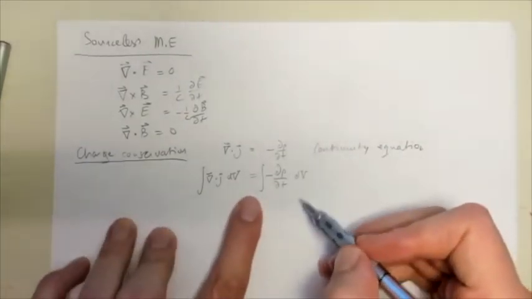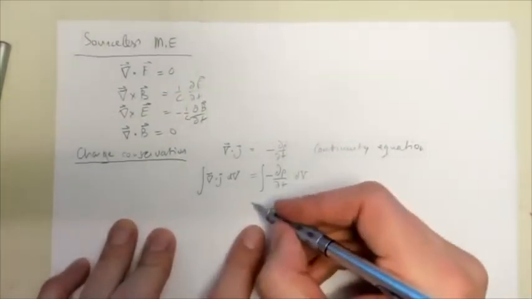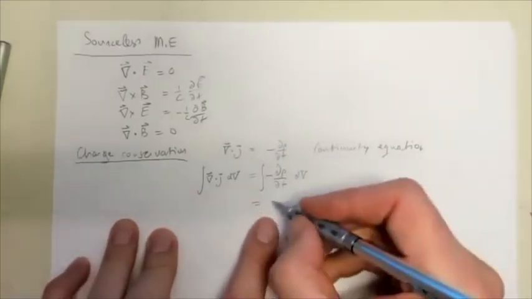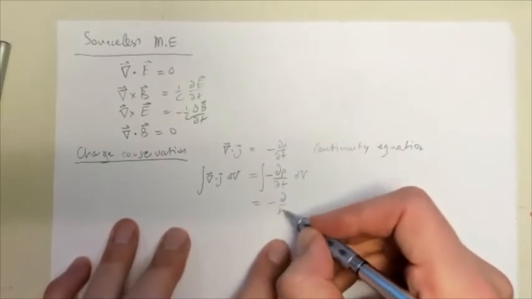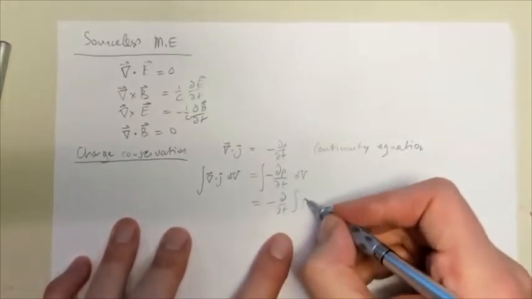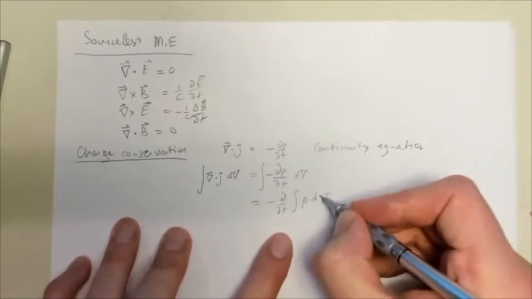Then we can swap these two, so it's minus the time derivative of the integral of rho dV.